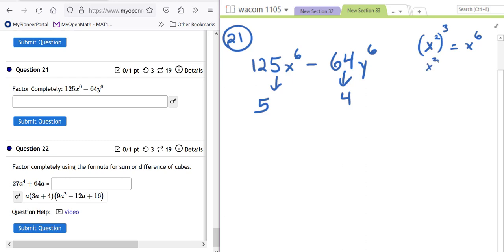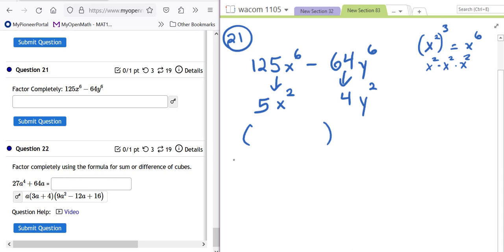If we did x squared times x squared times x squared, 3 copies, yes. So x squared is the cube root. Right? And so for this one, it'll be similar. So it will be y squared will be the cube root. So we did get cube roots here.